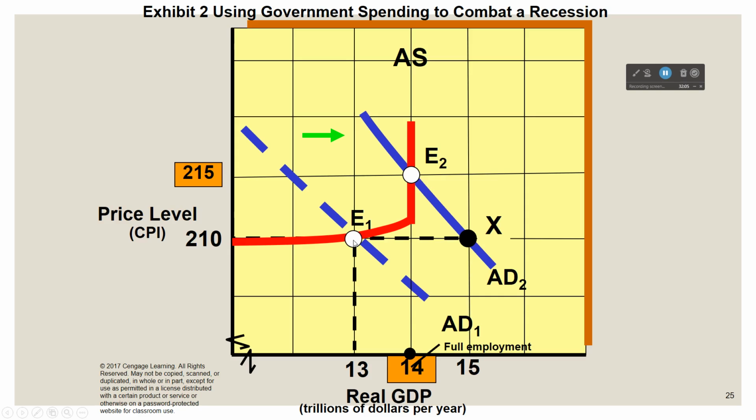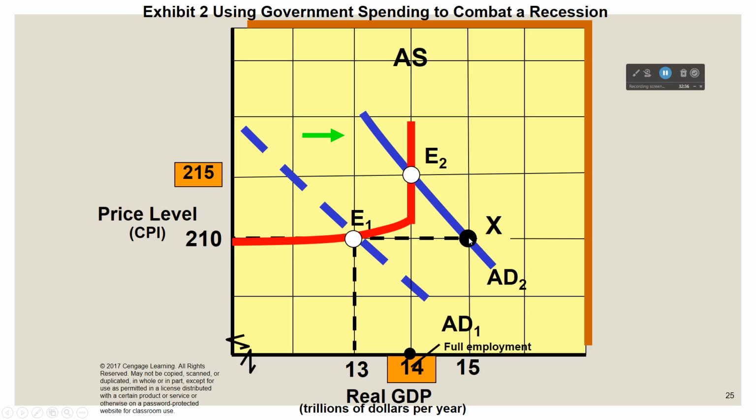Now here, as we increase aggregate demand, prices, if they stay constant at 210, will result in the economy temporarily producing at above full employment. This goes away because as these firms increase, this causes a shortage.